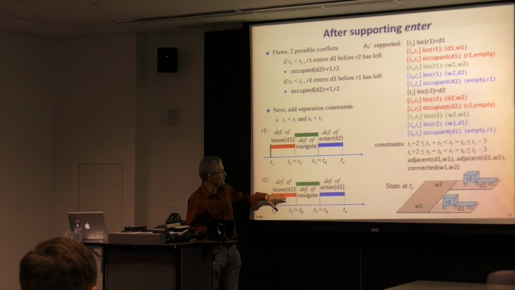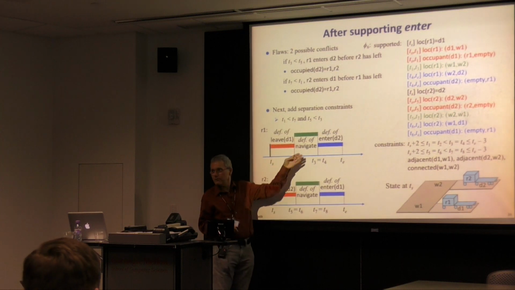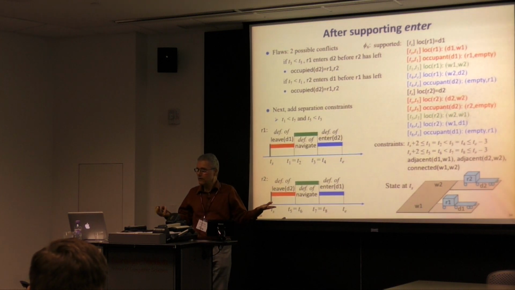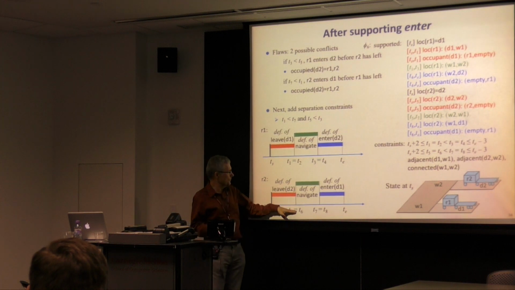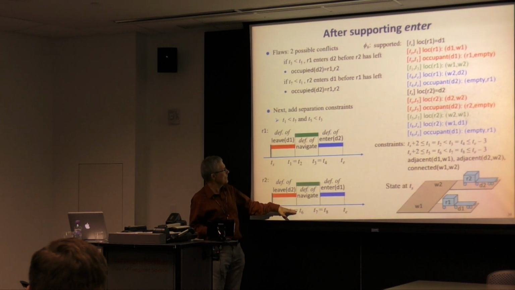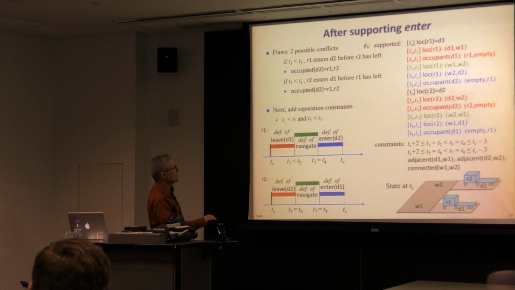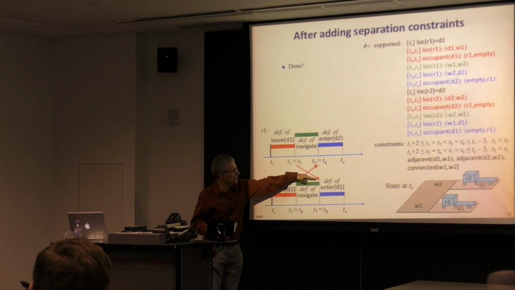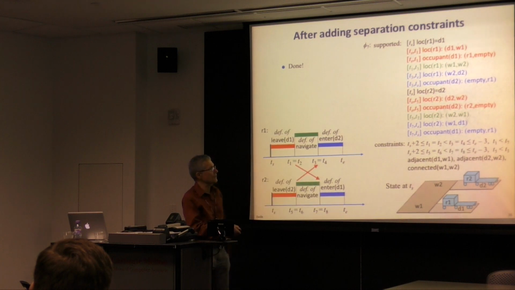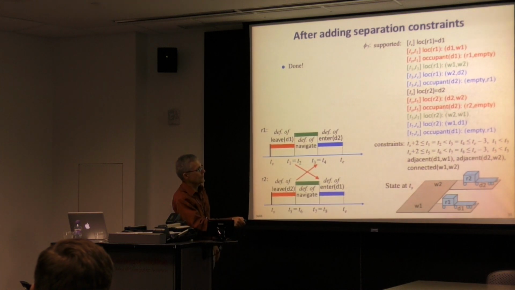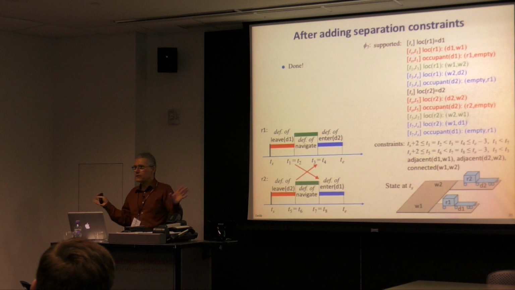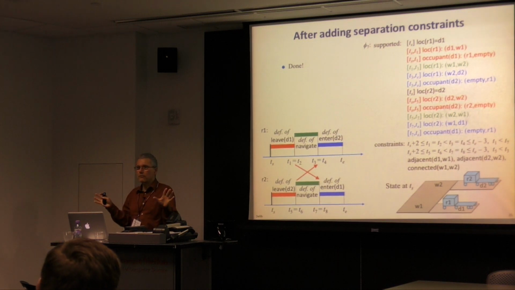If this thing starts entering D1 before this thing has left D1, we have another possible conflict. And so we need to make this thing come after that thing. So we add a time constraint for that. If we add both of them, then we have a time constraint that looks like that, another one that looks like that. They're over there in the chronicle, and now we're done. We've taken care of all of the flaws.